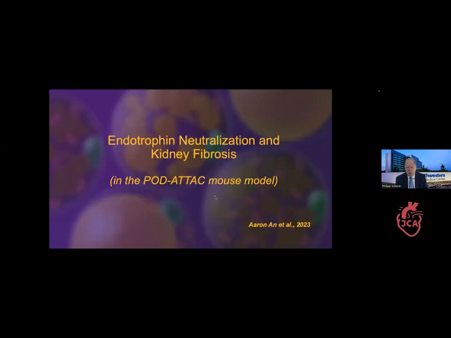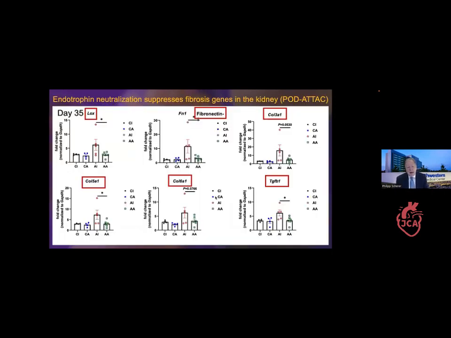Avoiding this molecule, endotrophin. Similarly, in the kidney, various models of kidney dysfunction that lead to fibrosis can be used. In this case, we use a podocyte insult model. Even though this is a very complex slide, the bottom line is it's exactly like in the liver. When we treat this system with neutralizing endotrophin antibodies, we restore normal kidney histology.